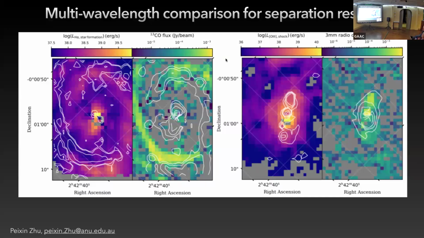Peixin, how much more telescope time do you need to rent to get one of these multi-spectrum images? Yeah, so because these are nearby galaxies, the time needed is relatively lower than for more distant galaxies.